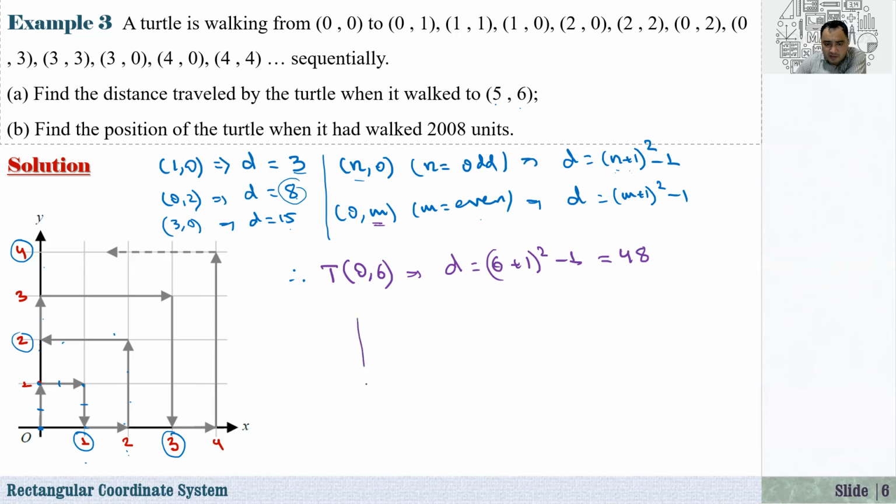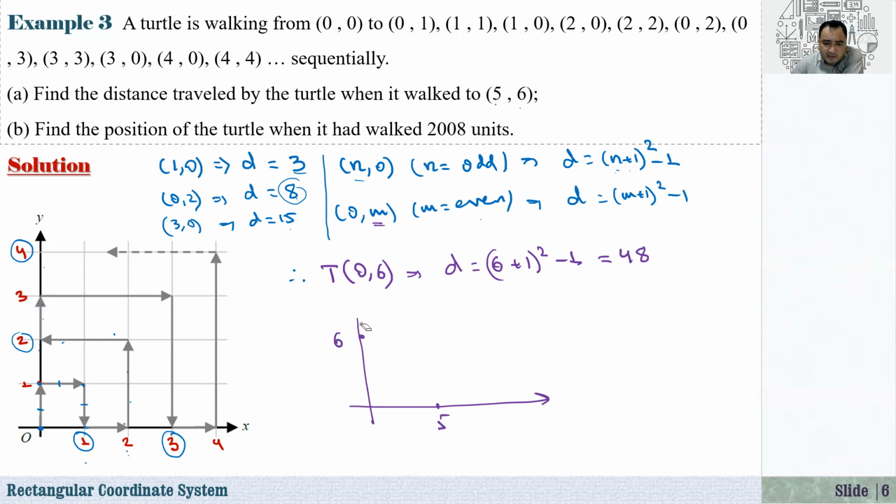So here, let me draw. Here we have 6, right? And suppose that here we have 5. All right. So now as you see here, when it is an even number, after that it moves up, because from an even number, it moves up. If it is an odd number, it moves to the right.